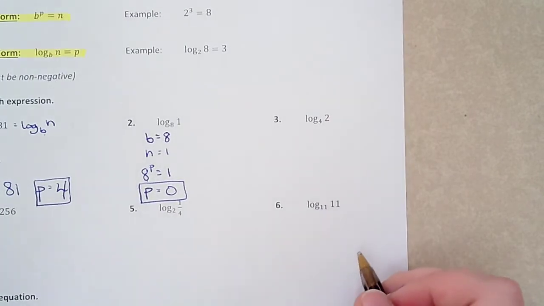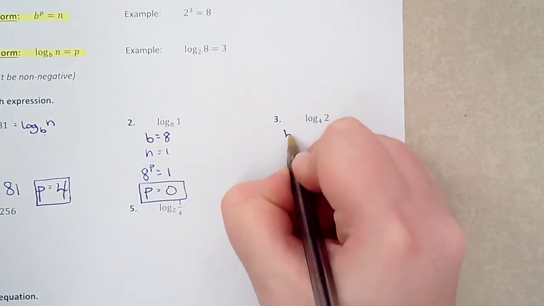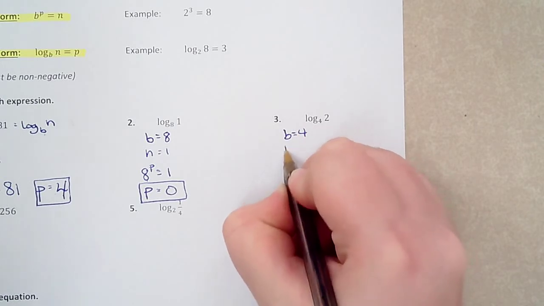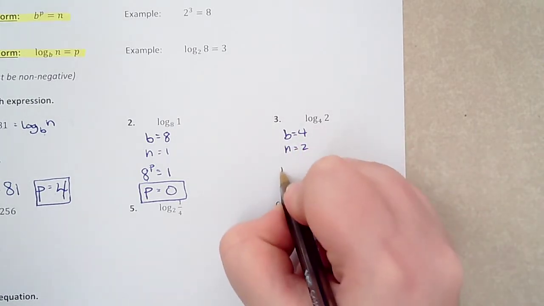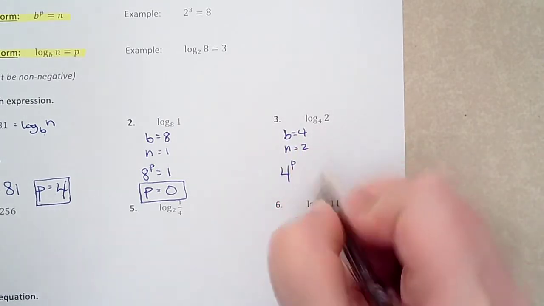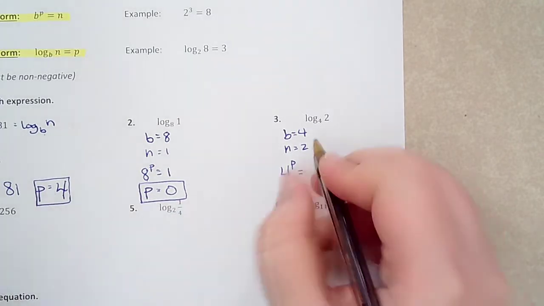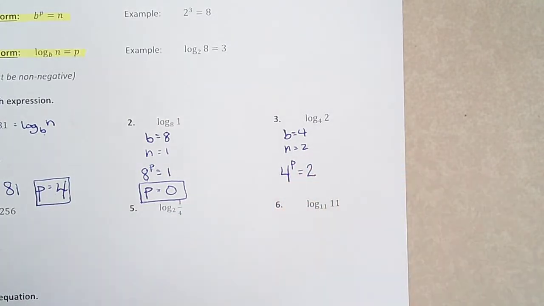All right, let's see another one. This one I think I'll be able to show you the different base. So b equals 4, n equals 2. Throw that into my information, 4 into my exponential form. All right, how do I solve this one?